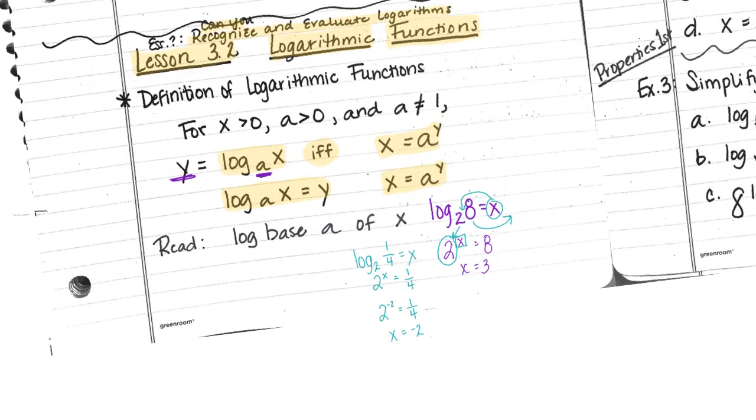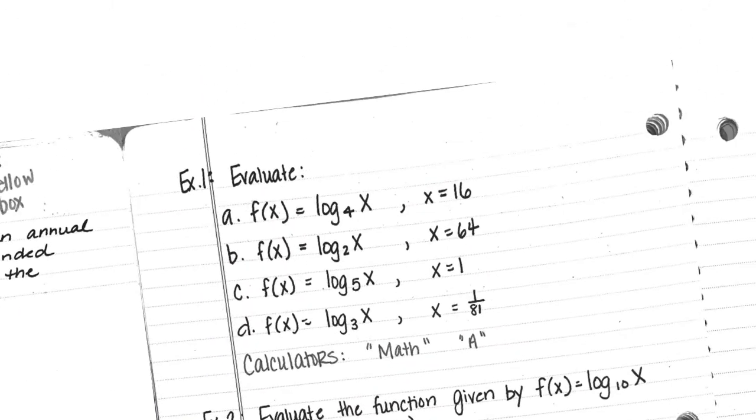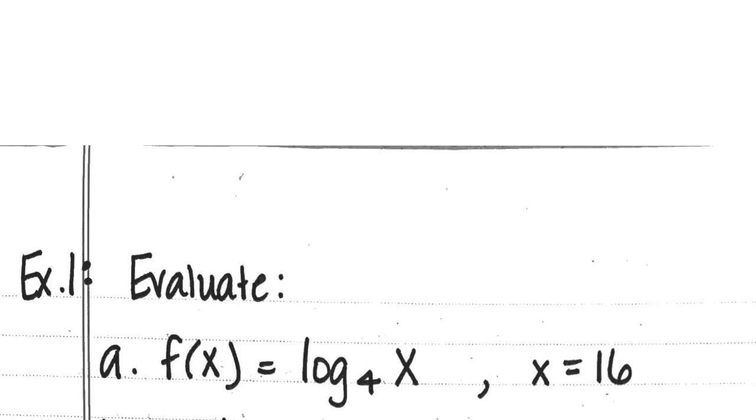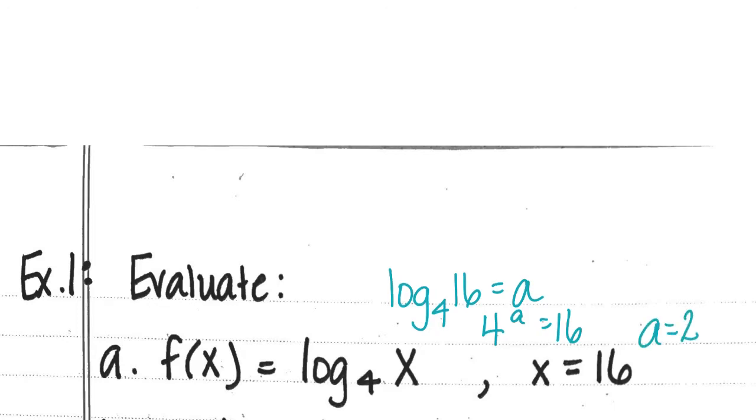So let's go ahead and look at a couple of these. I don't like the way the book actually wrote these as examples. So this is really saying log base 4 of 16 is what? So I probably should call that something else. Let's call it a. So they're saying 4 to what power is 16? Well, we know that would have to be the second power.